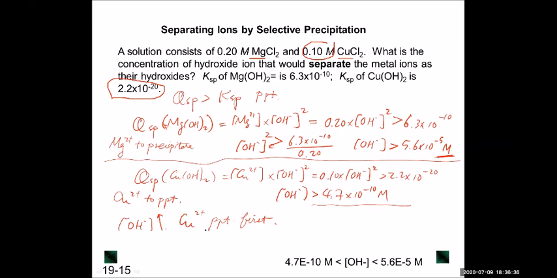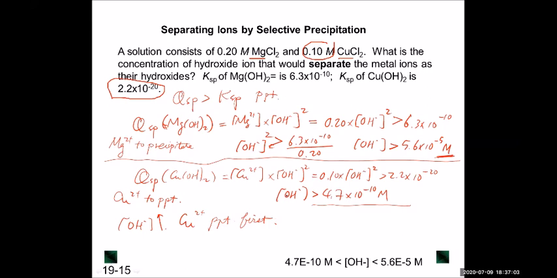Since copper precipitated first, as you can see, this will precipitate first, and so that means to separate, let's keep only copper forming precipitate. Magnesium does not precipitate. That would be the ideal concentration.